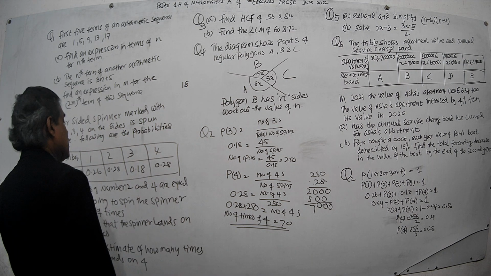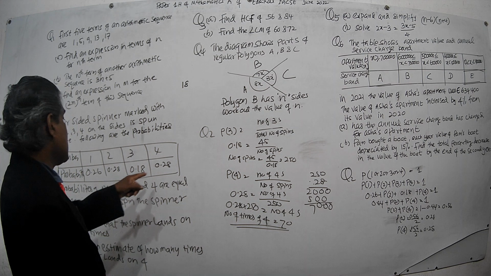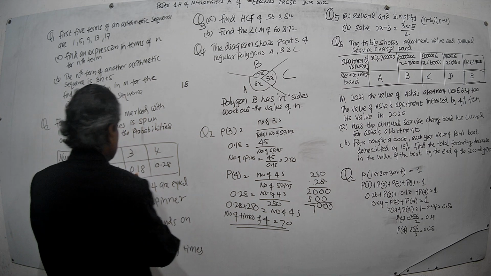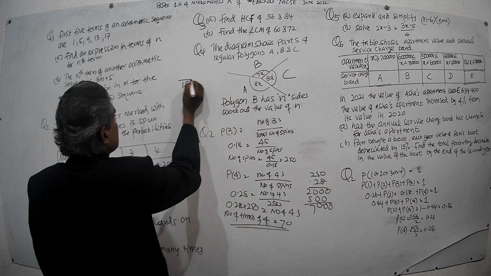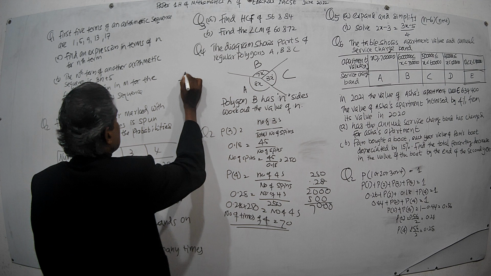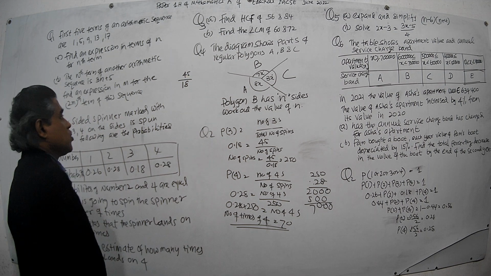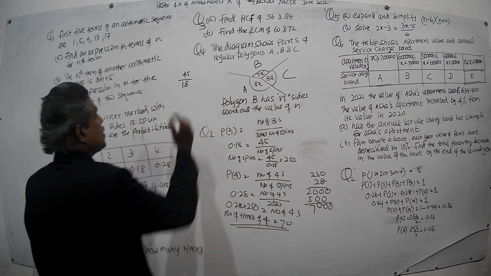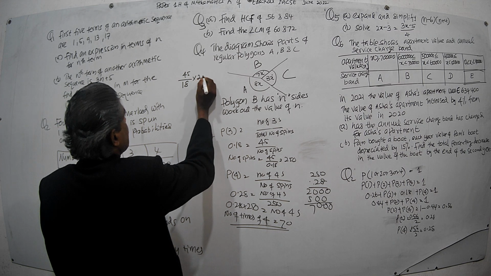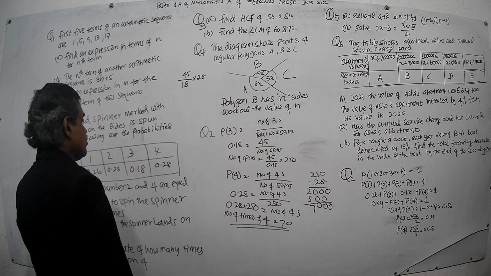This ratio method, because next probability that of 4 is 0.28, therefore ignore this decimal point and write when it is 18, 45 times, and how many times when it is 28, something like that.